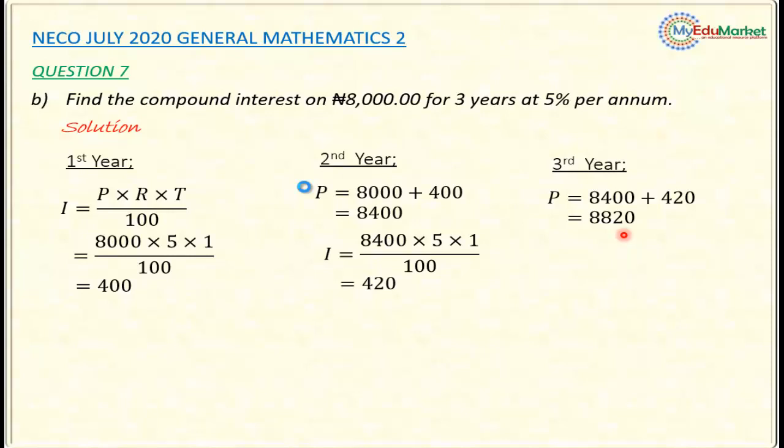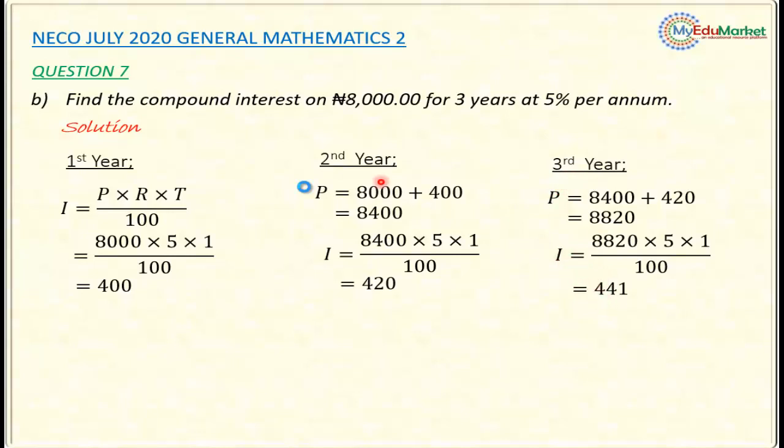So I'm going to calculate the interest that third year, which is going to be P times R times T. So 8,820 multiplied by 5 multiplied by 1 all over 100. This correctly gives the result 441 naira. So this is the interest earned at the end of third year.